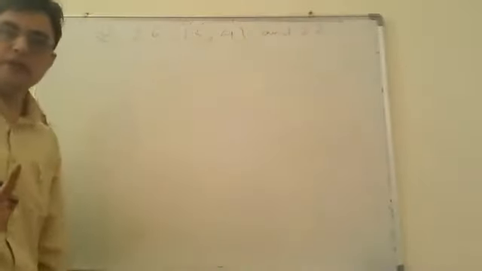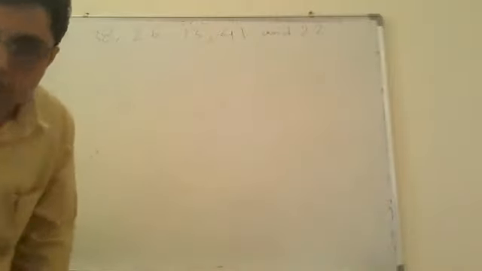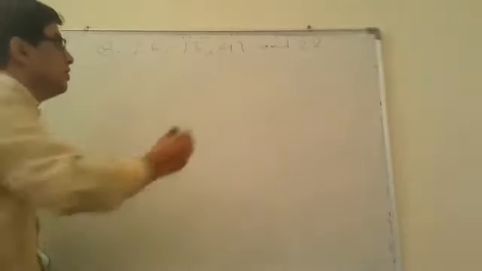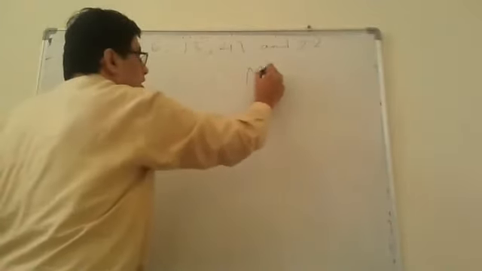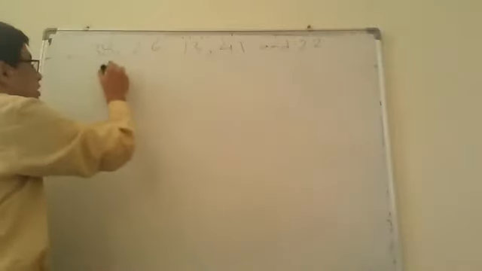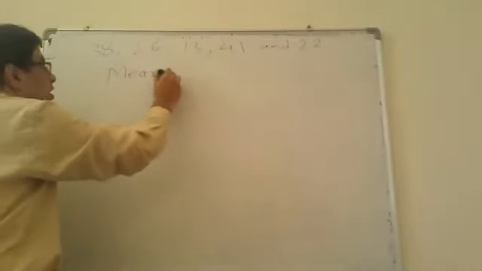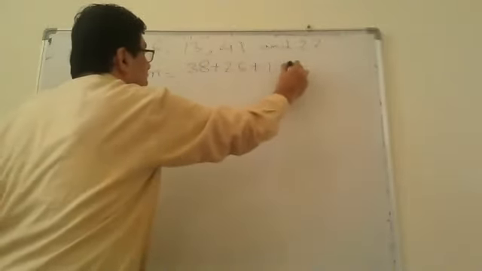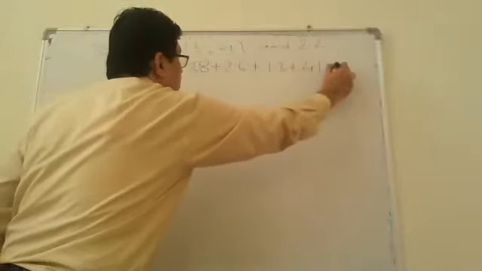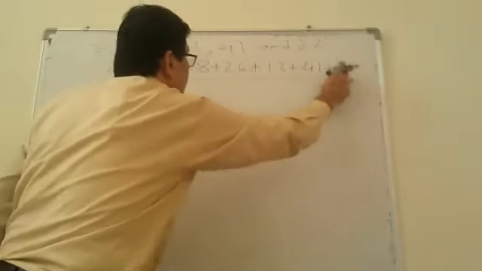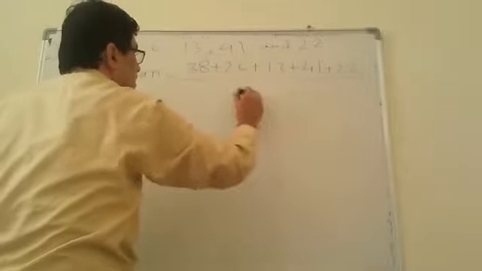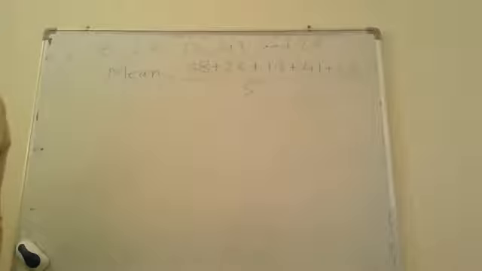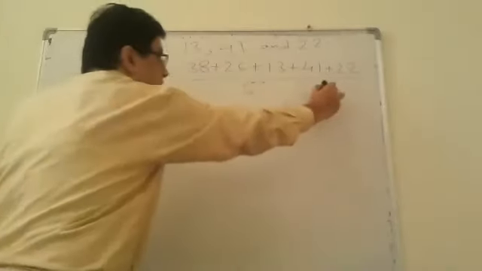In order to find the standard deviation, you just need to find the mean first. Mean: 38 plus 26 plus 13 plus 41 plus 22, divided by 5, which is 28.